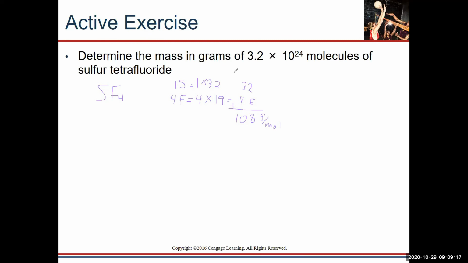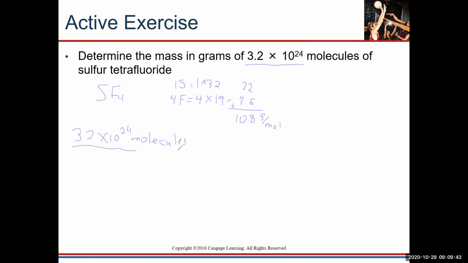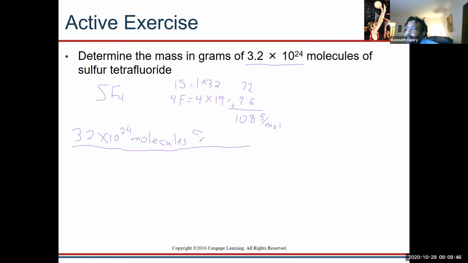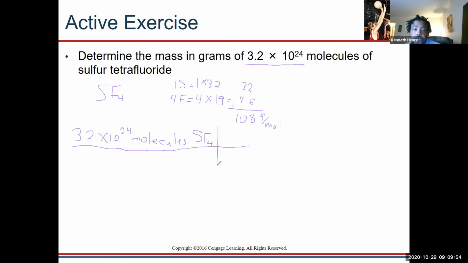The amount of molecules, 3.2 times 10 to the 24th. You're always going to start with what you're given, after you find the chemical formula, because that's very helpful. So we have molecules. What are molecules again? Is that quantity? Is that mass? It's quantity. So what are we going to use to get rid of quantity?